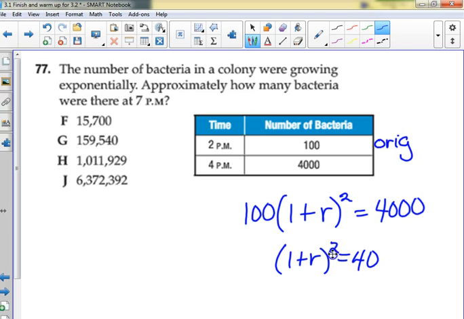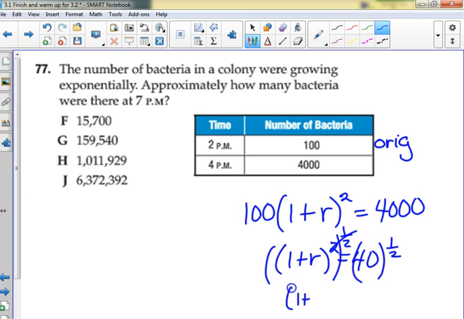6th root, or do you remember how we talked about that? The 1/6 power. So we could do both sides here to the 1/2 power. And yes, that's a square root, and that's fine. But everybody understands that the 1/2 power will get rid of the squared? Okay.